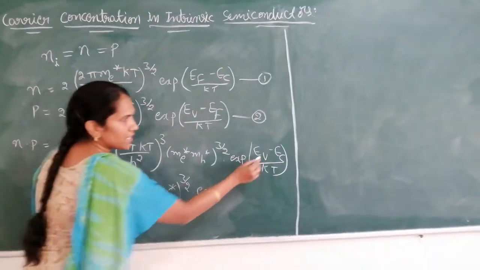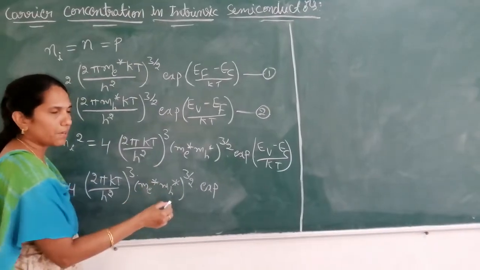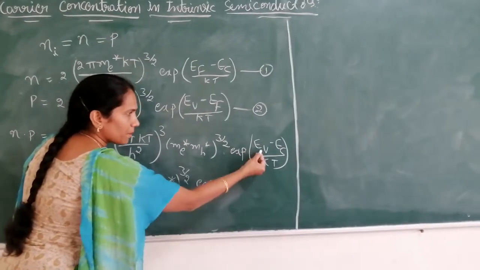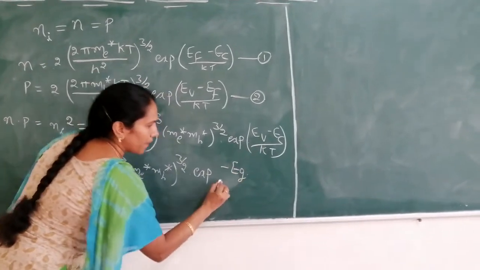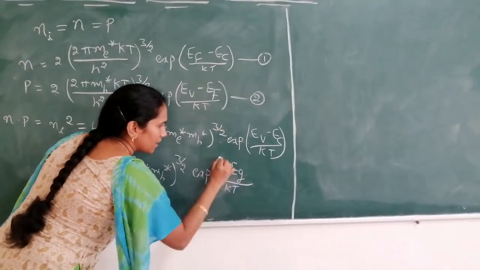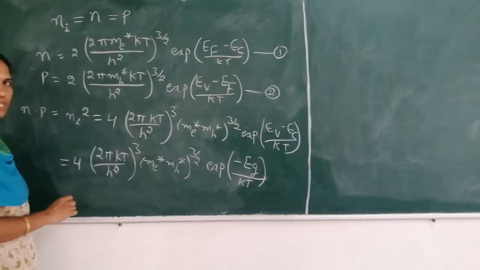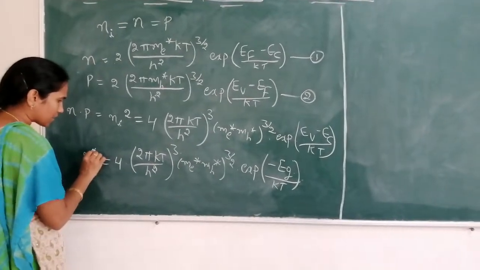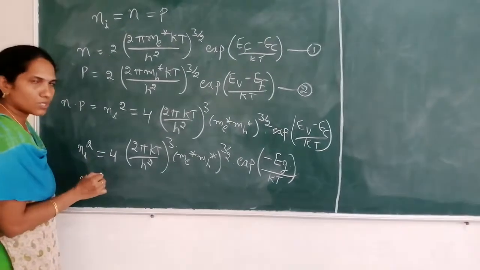If it is EC minus EV, then that is the energy gap between the conduction band and the valence band. But here we have EV minus EC, so in place of this I am going to write minus Eg, that is the band gap, divided by kT. Now I want the carrier concentration for the intrinsic semiconductor, that means Ni. This is Ni square, so we have to apply the square root.